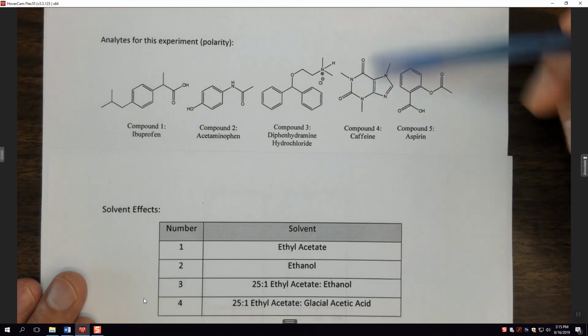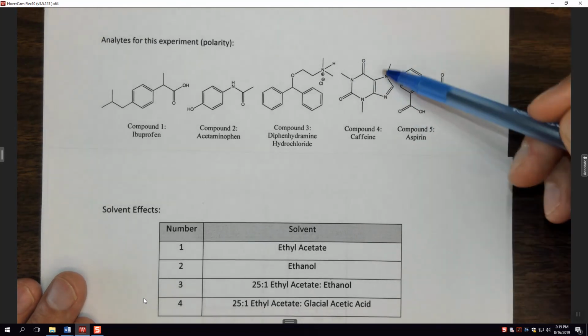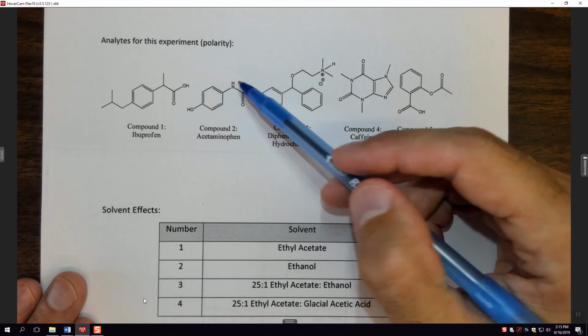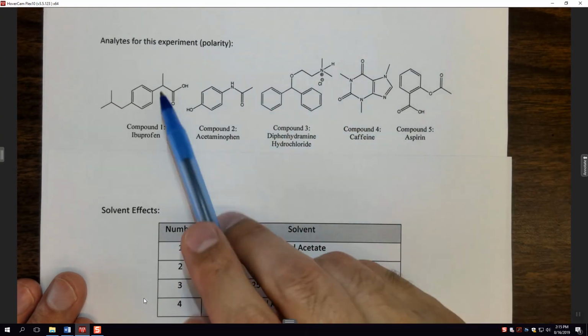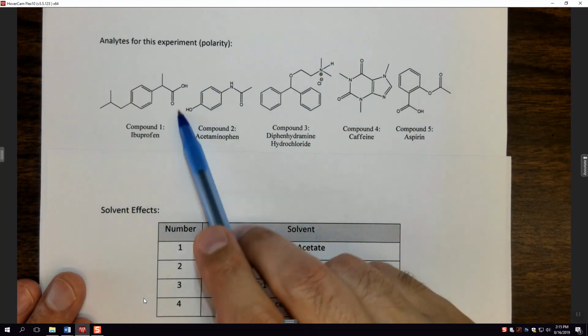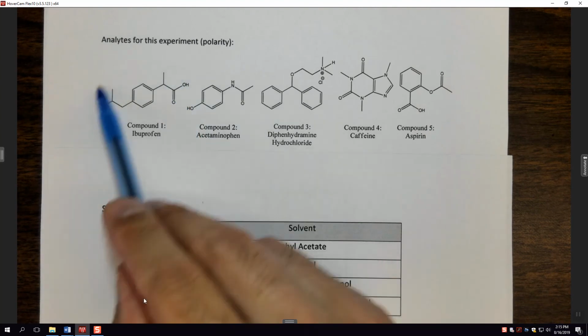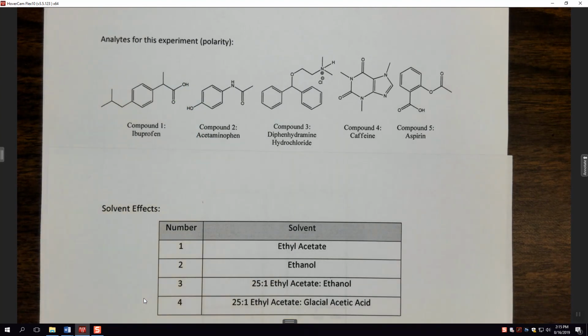Amides tend to be relatively nonpolar. Amines tend to be a little bit more polar. So here we have an amide. Carboxylic acids are pretty polar. OHs are pretty polar. Carbon containing groups are pretty nonpolar. So give it your best guess as to what's going to happen and try to defend your argument.